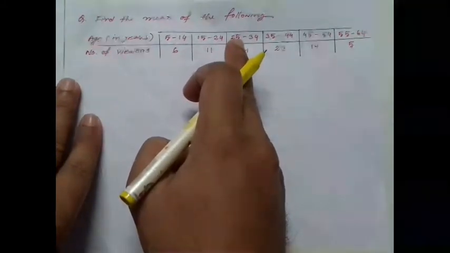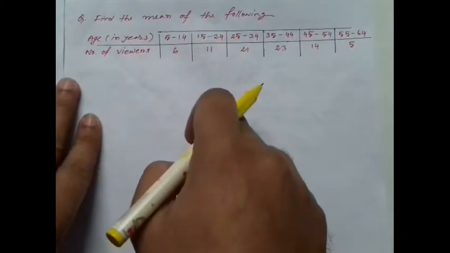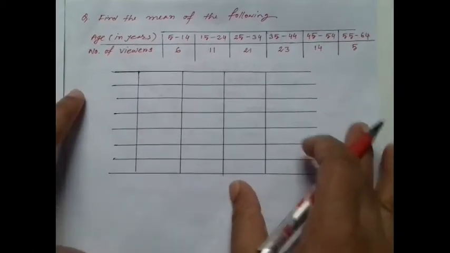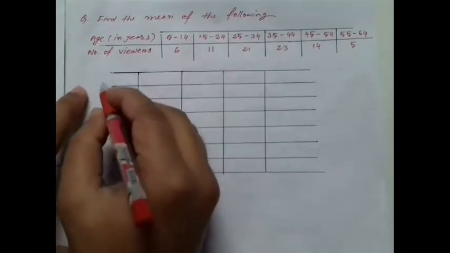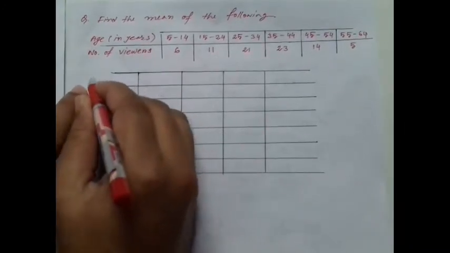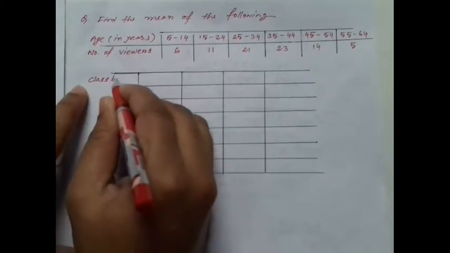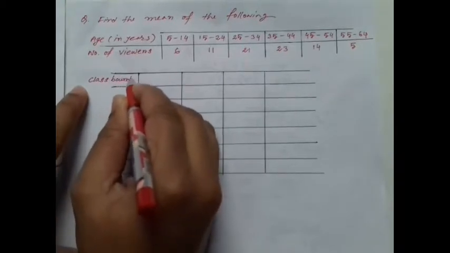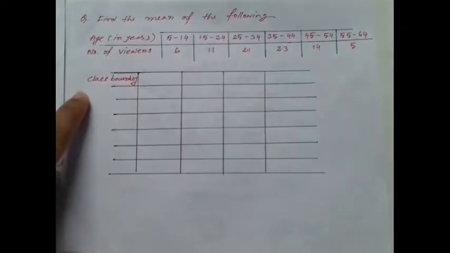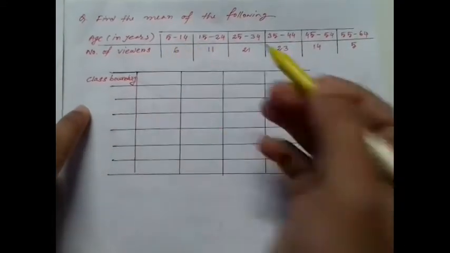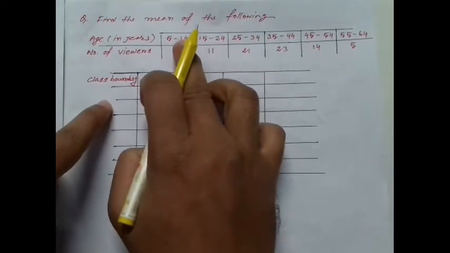Okay, let's see how. At first we have to make a table. Here we have to write class boundary. Now we have to make this upper limit and lower limit equal by one method.